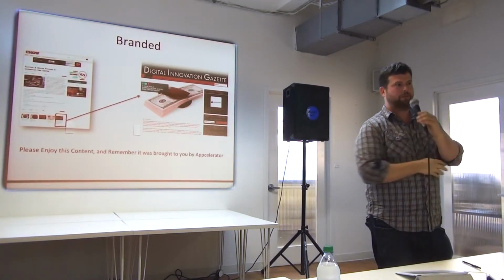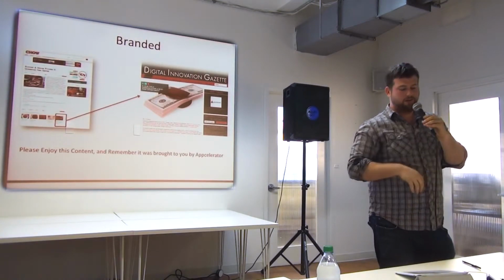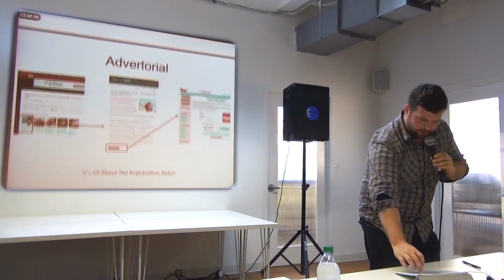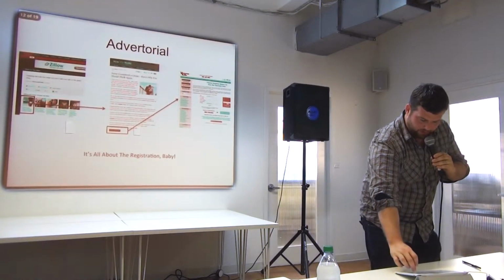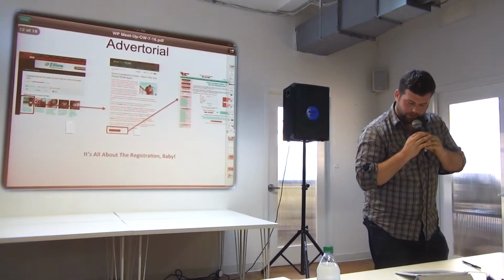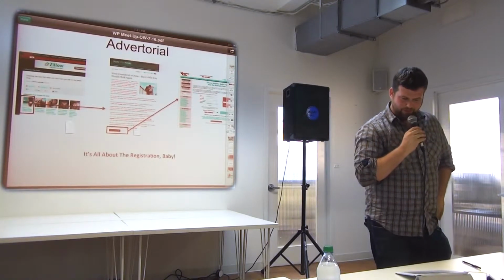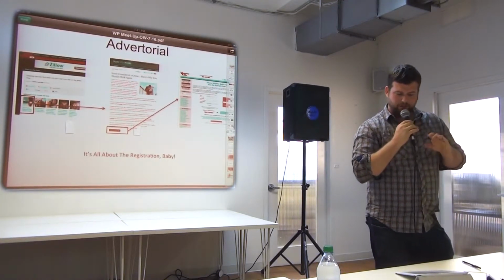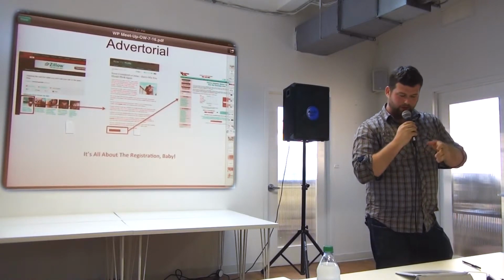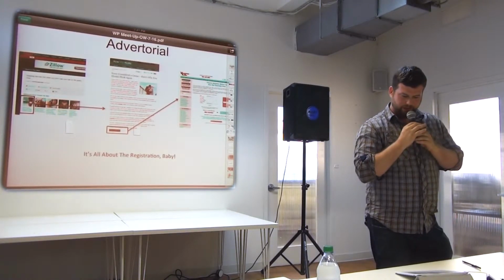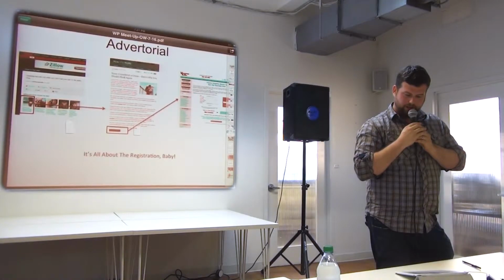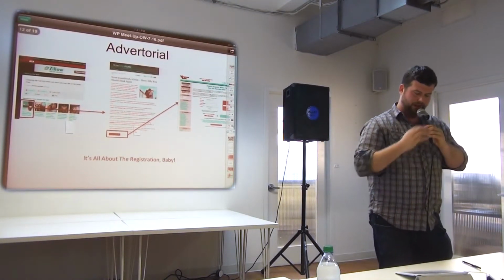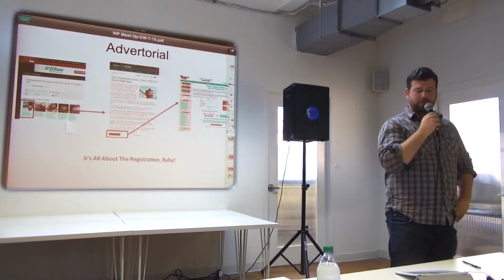Basically they want people to think about their brand when they think about near field communications. And the third kind, and the most annoying kind, I would say, would be advertorial. In this case, when you click on the related story, you're brought to an article whose entire purpose is to get you to click on this little registration link on the bottom, which then brings you to a page where you can sign up for some sort of offer or deal.